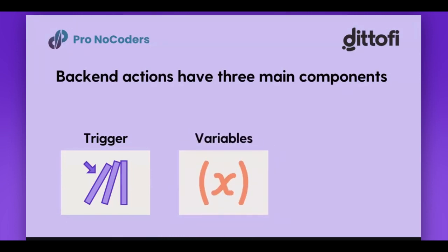Backend actions also have variables, which we'll talk a bit more about in a little bit. But these are essentially going to be placeholders that can store bits of data that you need to use in your action. And then finally, they have events. So in the example of the login action that we looked at a moment ago, the event would be the actual process that's checking your username and password.